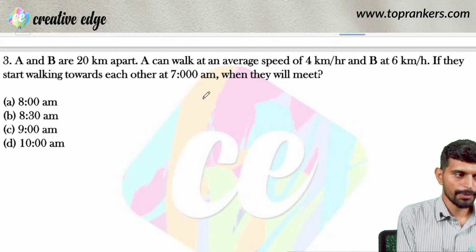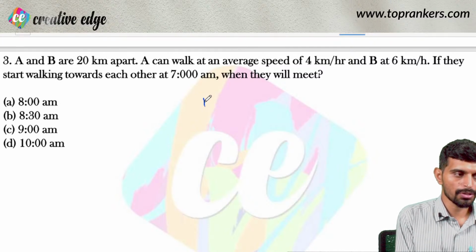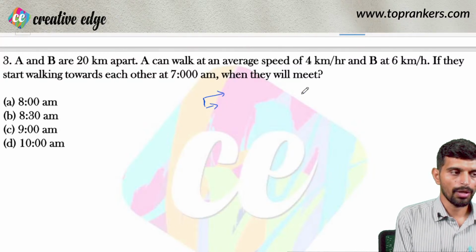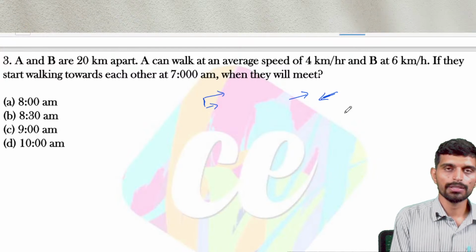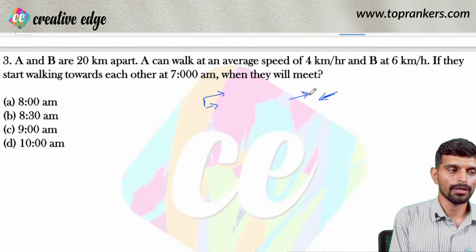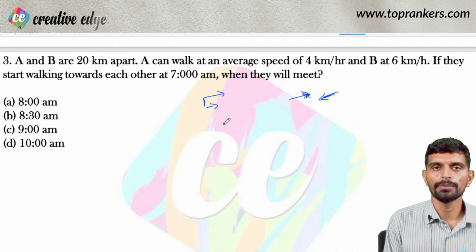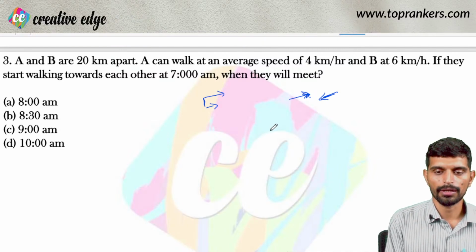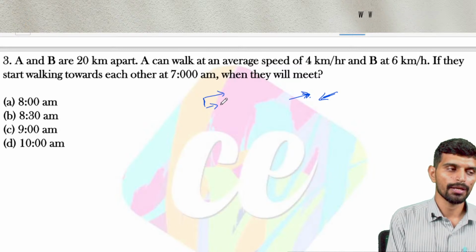What is relative speed? When two persons or two objects are moving in same direction or in opposite direction, they experience the speed to be different than the absolute speed, right? Absolute speed is when one person or one object is at rest and the other one is moving, then that is considered as absolute.